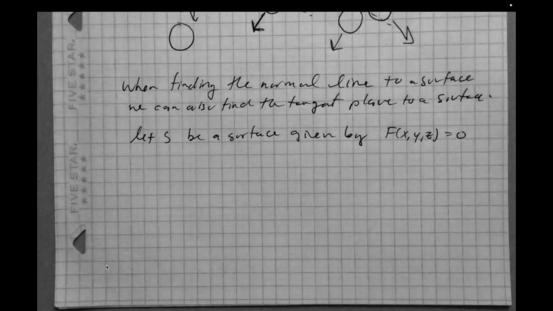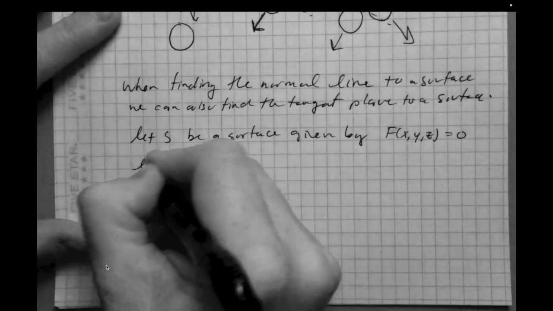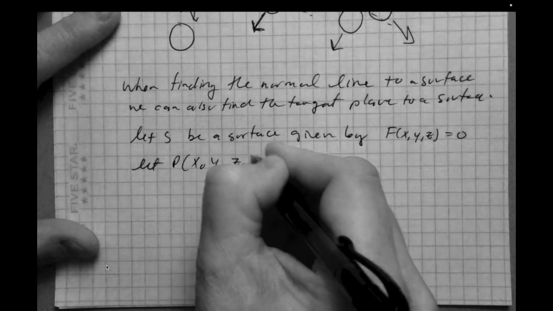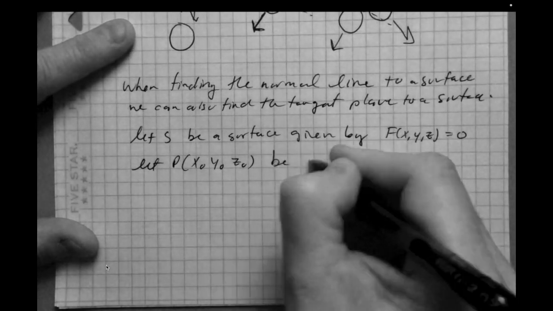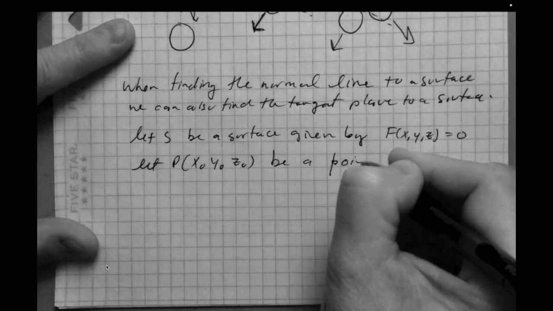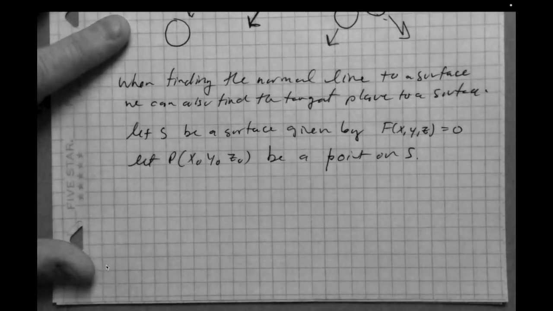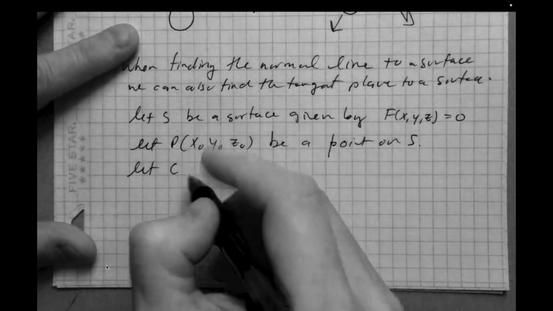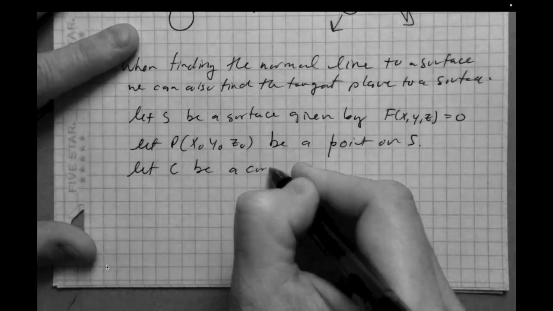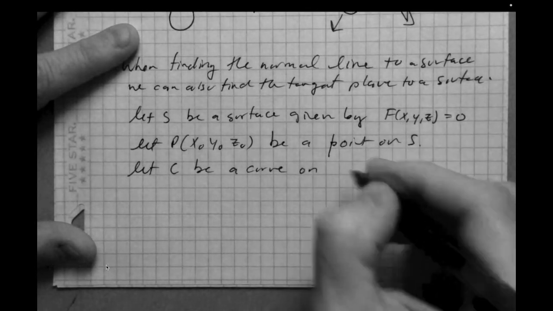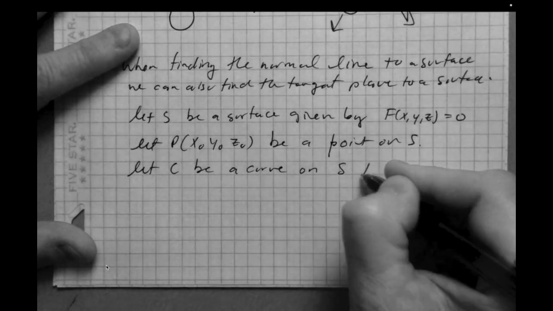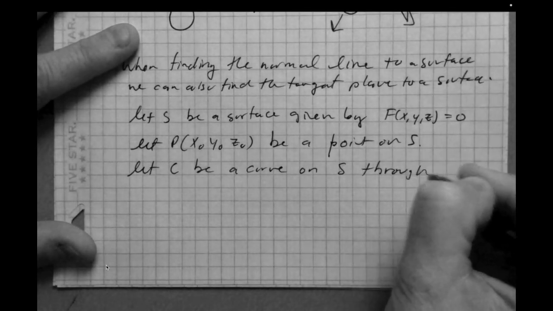We'll let P, x naught, y naught, z naught, be a point on S. Okay, so this is some point on S. And let's also let C be a curve. This C is going to be a curve on the surface S that goes through P.